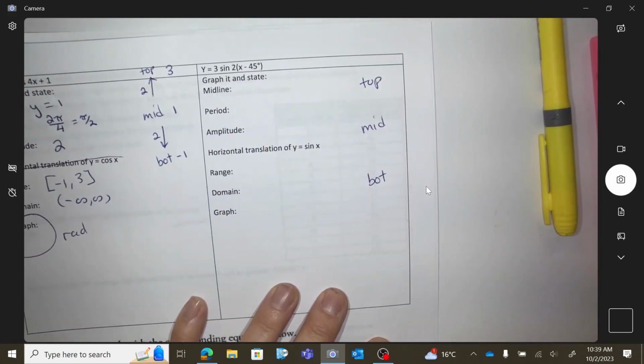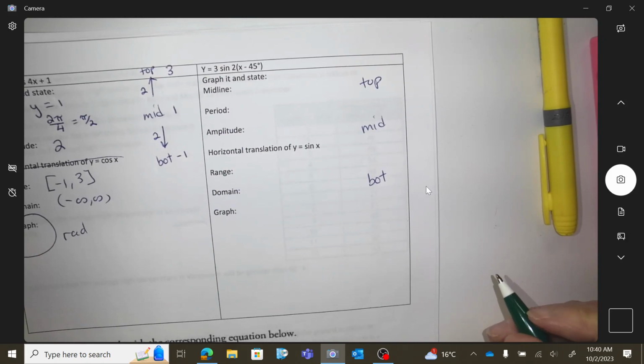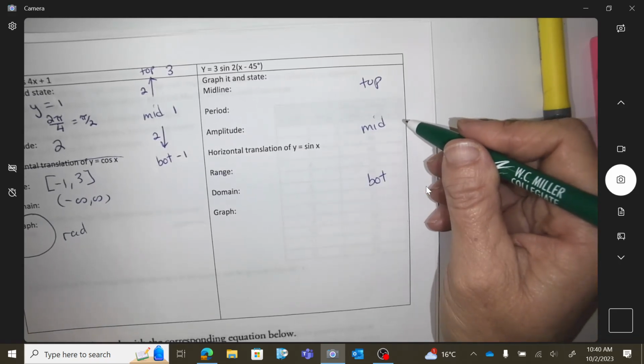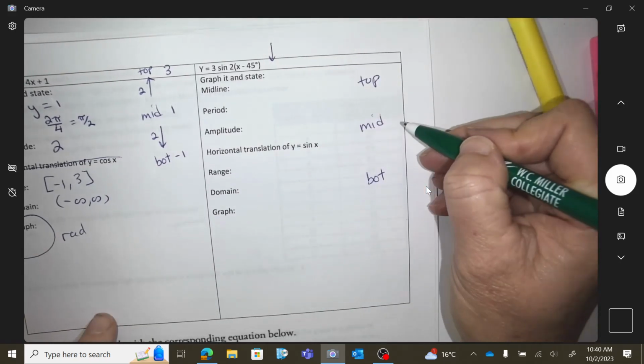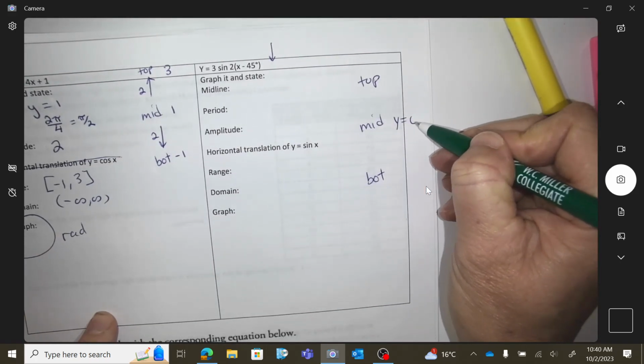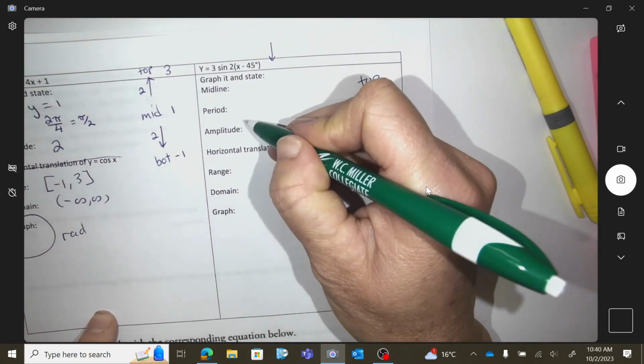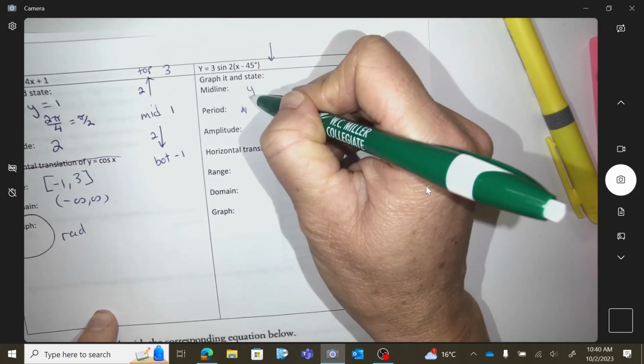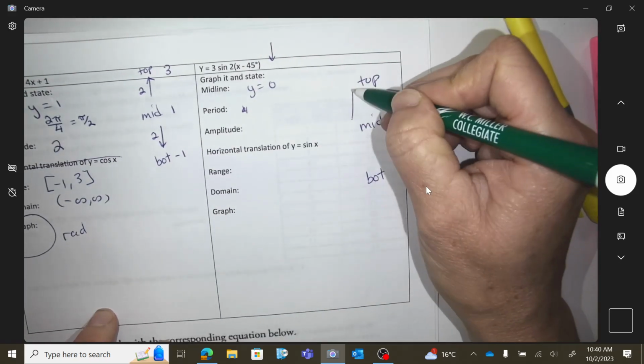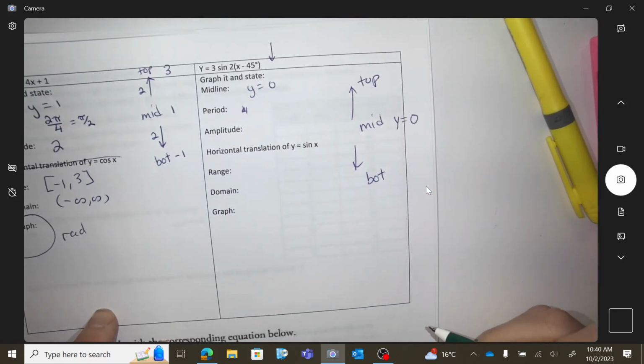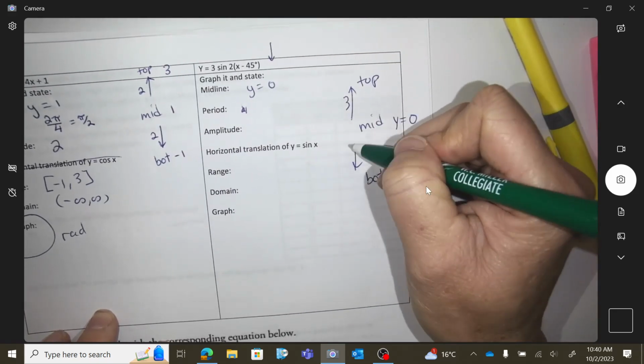Okay, number 2 here, quickly we'll do this, and then mid, top, bottom. I'm going to have that idea always. So what is the middle of this one? Lauren's just shaking her head. There isn't one. So it is actually at 0. Whoops. Midline is at 0. Amplitude is 3.